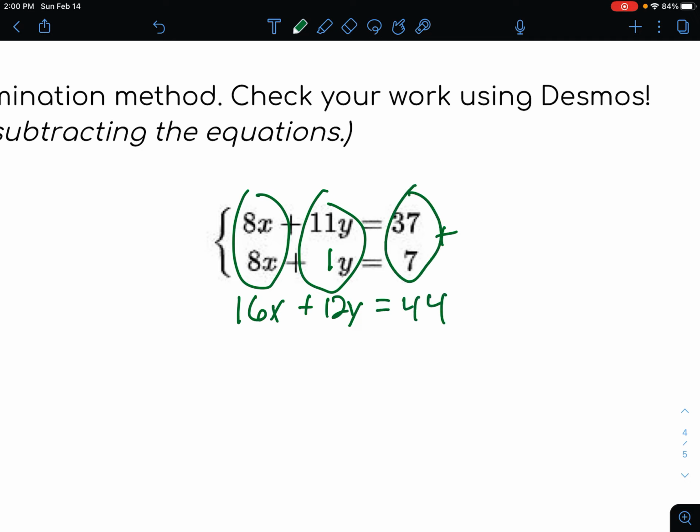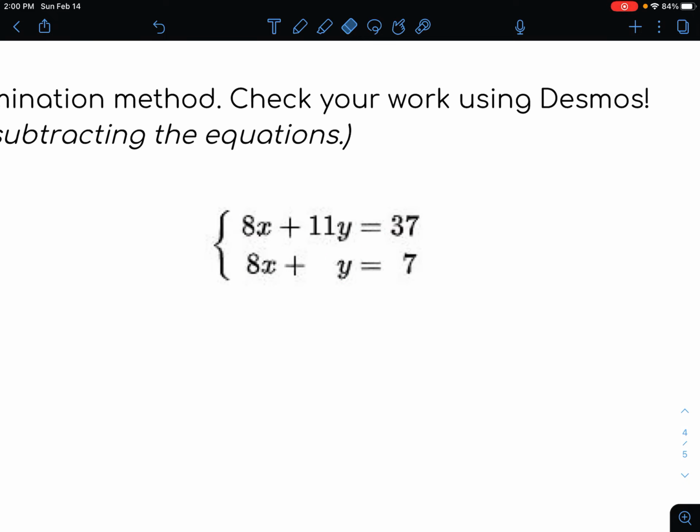Okay, so I get a third equation, and I know that equation is going to have the same solution as the original equations, but it really didn't help me do any elimination because I still have x and y, and I got bigger numbers, and I can't really solve for one of the variables and get a value. I can get one of the variables by itself by solving, but I can't get the value of the variables when I still have both the x and the y.